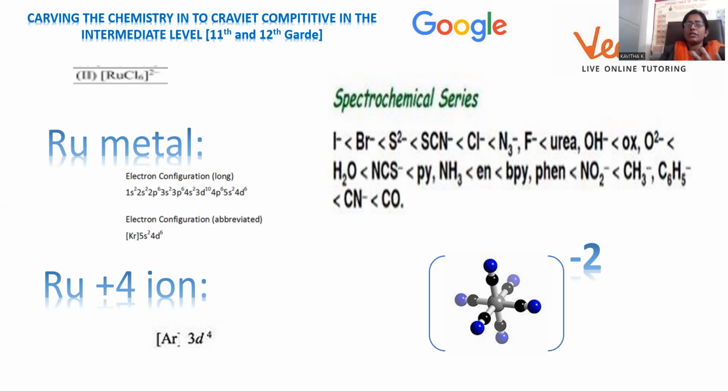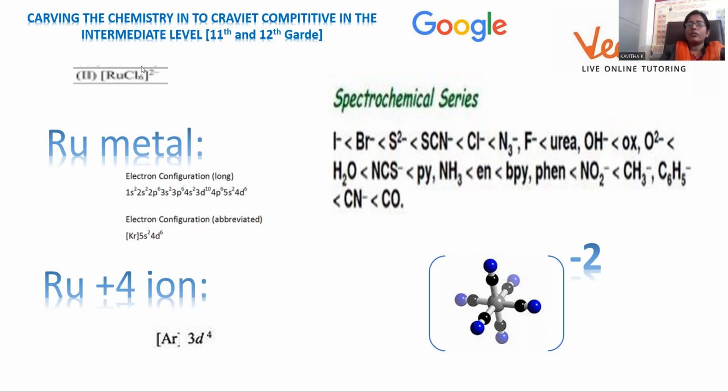Leftover will be 4 charges. 4 negative charges are accompanied by 4 positive charges on the ruthenium. So ruthenium is becoming ruthenium plus 4. Okay, RuCl6 minus 2, what we can say: 6 negative charges are there, 2 cancelled with the 2 charges, and whenever 2 got cancelled, leftover will be 4.